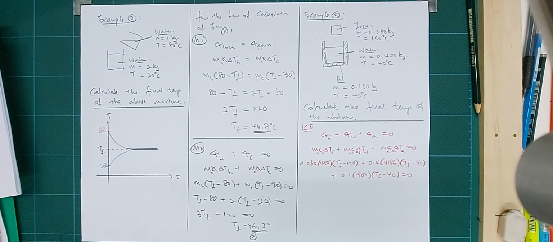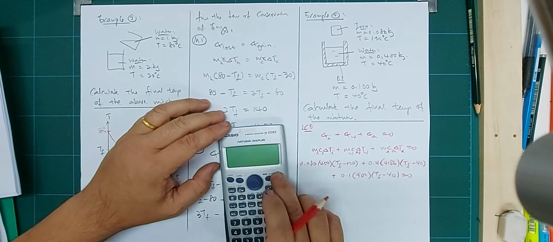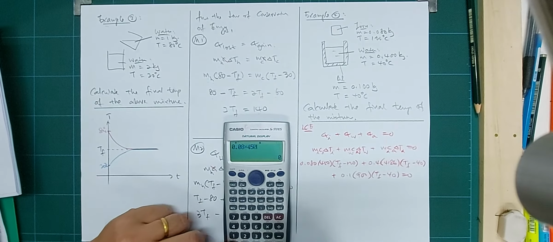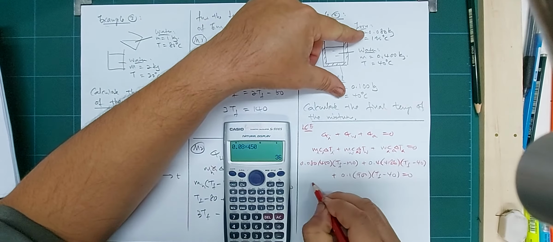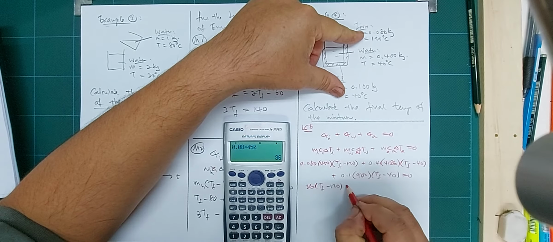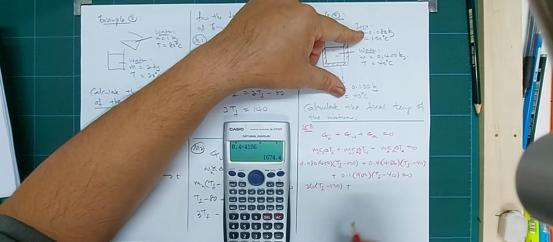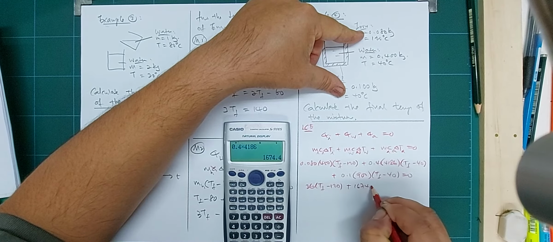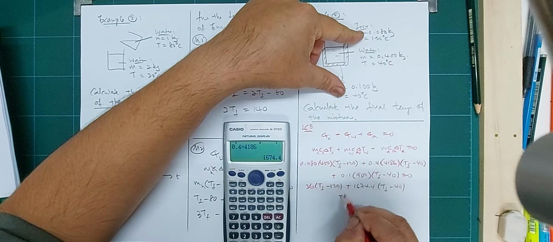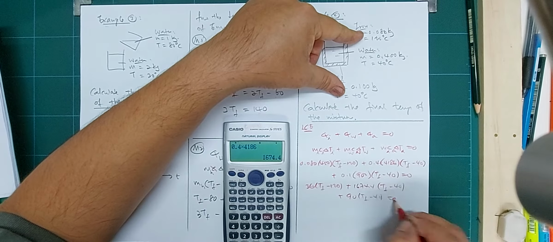We simplify the numbers in front before we open the bracket. 0.08 multiplied by 450, we get 36, so we have 36 (TF minus 120). Again, 0.4 times 4186, we get 1674.4 (TF minus 40), and then this one is 90 (TF minus 40) equal to 0.